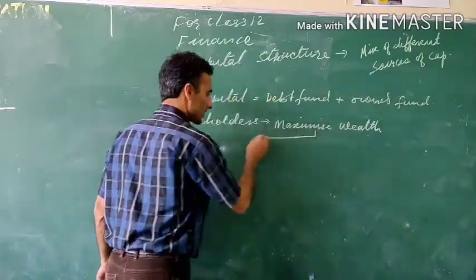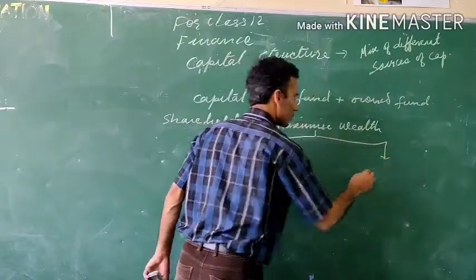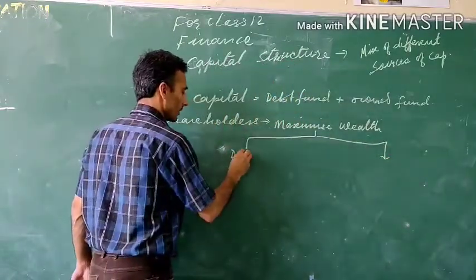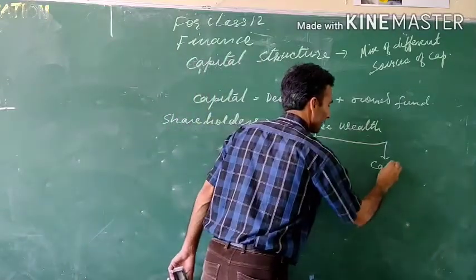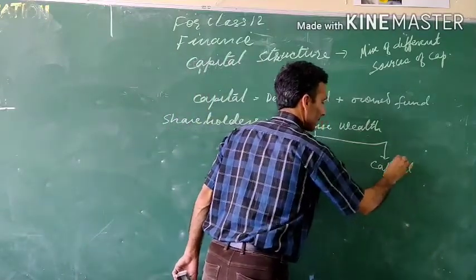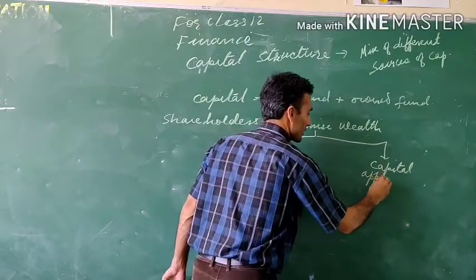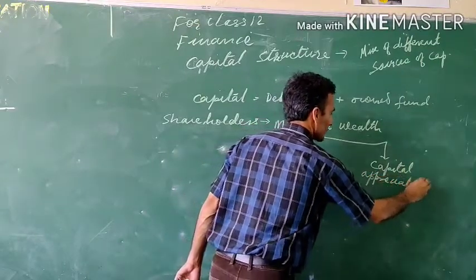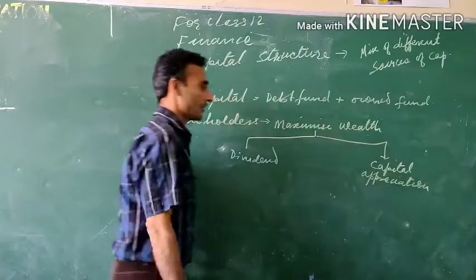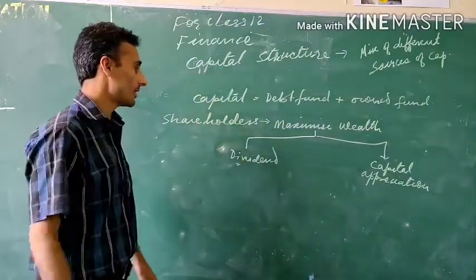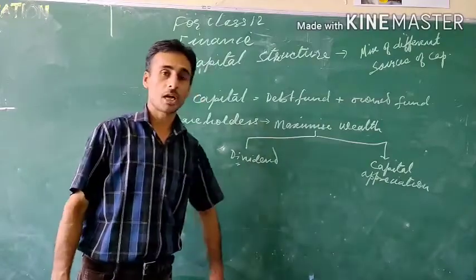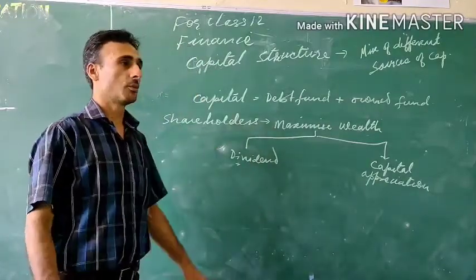And this wealth of the shareholders can be maximized in two different ways: by paying dividend, and by having capital appreciation. If the company keeps on paying dividend, the shareholders will be happy because their wealth will be maximized.